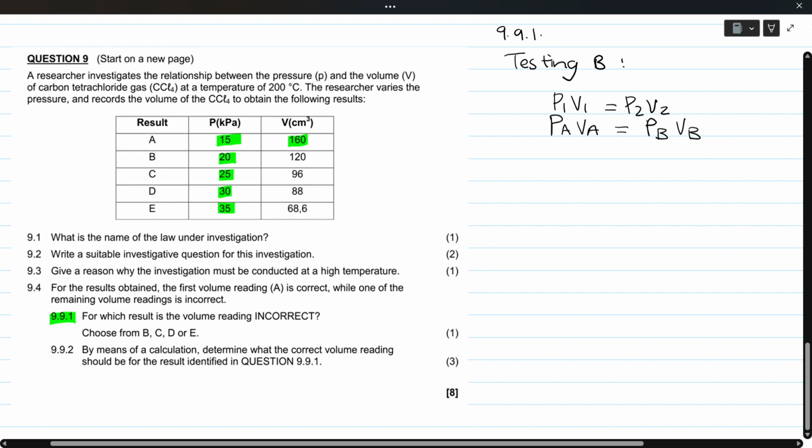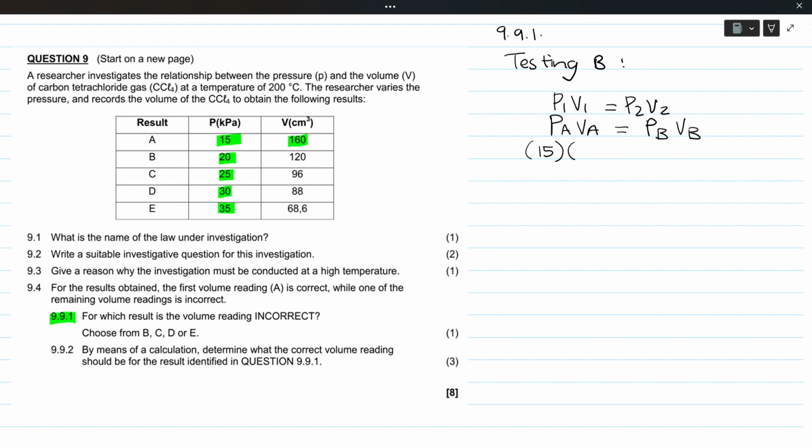Let's substitute. So for pressure A, we've got 15, and for volume A, we've got 160. For the pressure value of B, we've got 20, and we are finding out what the volume of B is. If we do the maths here, we are basically saying 15 times 160, and we're dividing by 20.